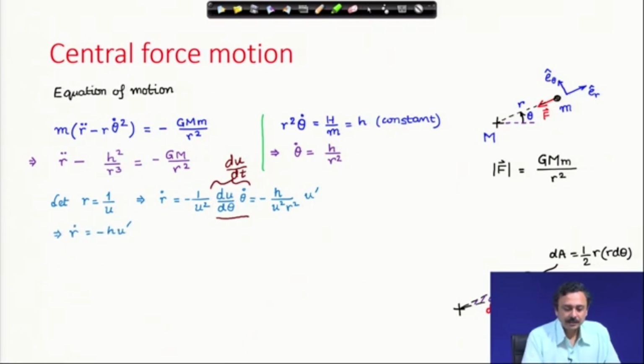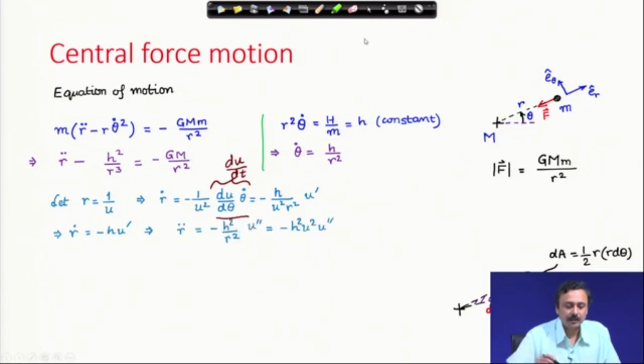Therefore, I get r dot as minus h u prime. Why? Because u square r square is 1; you can check, r is 1 over u, therefore r into u is 1. Therefore, r dot is minus h, which is a constant, into u prime.